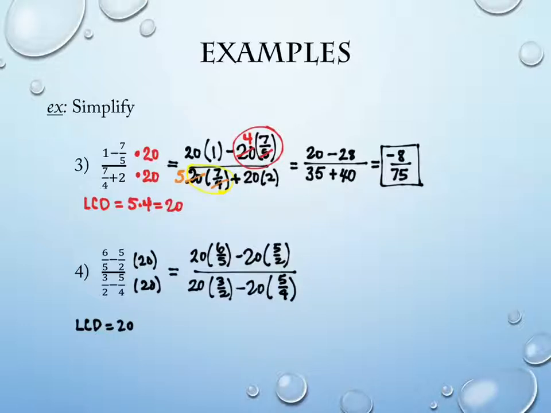I try to help you out by telling you when you do and don't have to write things out. Please write the 20s out here, okay? You're just going to have so much better luck at not forgetting one piece of it if you do.